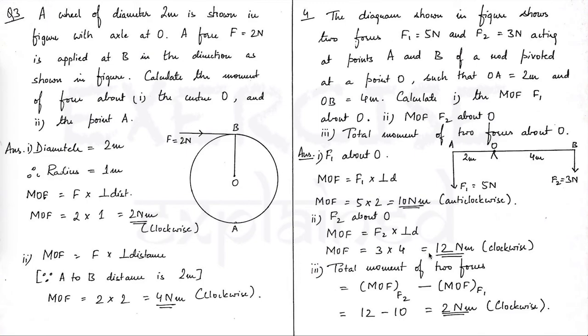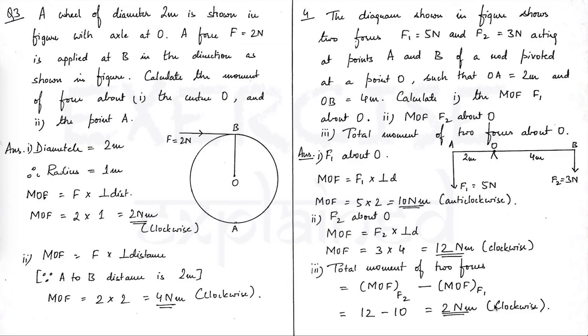So 12 minus 10 is nothing but 2 Newton meter.